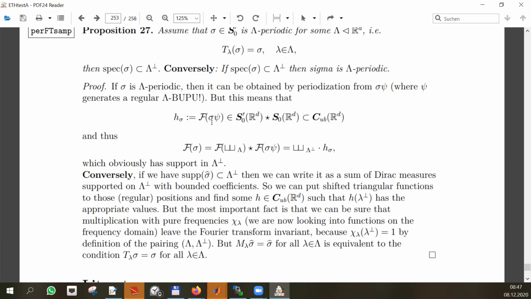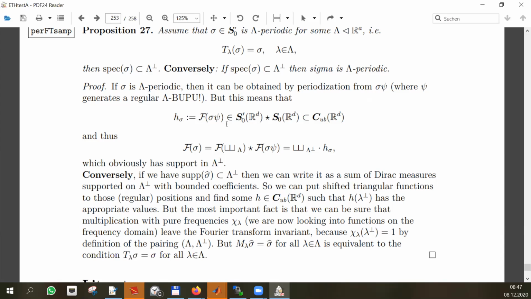Now, sigma localized is something which is local. So you can always multiply it with some trapezoidal function. So sigma psi is the same as sigma psi multiplied pointwise with some trapezoidal function in A0. But that means if you go to the Fourier transform domain, sigma psi hat is a localized version of a mild distribution. It's a mild distribution, that's no problem.